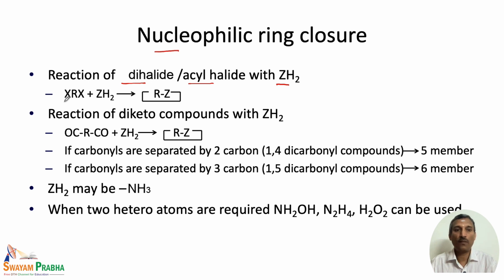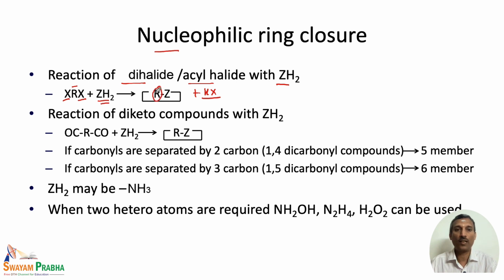So, when we have the halogen atom at the terminal, or maybe the acyl halide at the terminal of the alkyl chain, and we have the heteroatom that is going to be involved in the heterocyclic ring formation, when these two react together, the hydrogen and the halogen atom combine together to form HX as the byproduct, and we get the cyclized product with the alkyl chain.